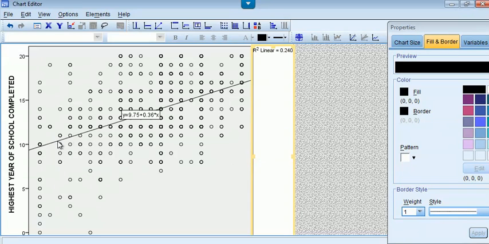That line has a positive slope. It's going this way. So that means as the values of x are increasing, the values of y are also increasing. If the line had a slope the other way, that would mean it's a negative relationship, so as the values of x are increasing, y is decreasing.